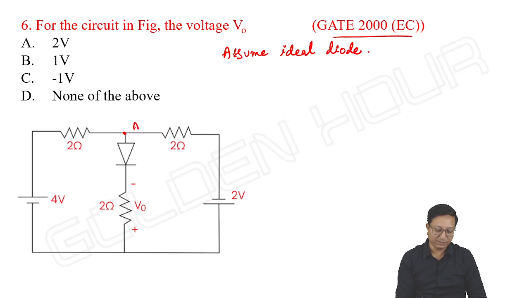Anode and cathode terminals. If you observe this, to the left of the anode and to the right of the anode, we have 2 ohm resistors. To the left of the anode, it is 2 ohms, and to the right, 4 volts is connected to the anode of the diode through a 2 ohm resistor. That's a better way to speak. Next, to the right of the diode, the anode is connected to minus 2 volts through another 2 ohm resistor.